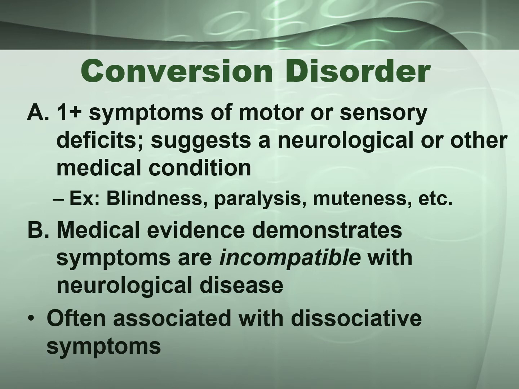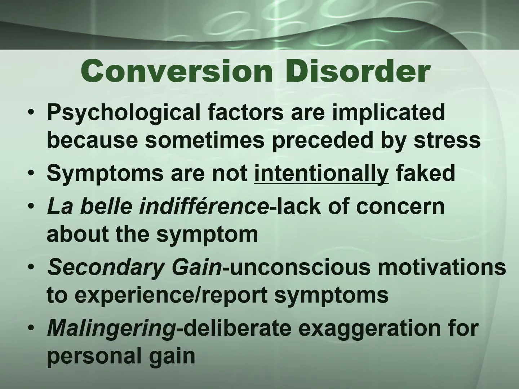Conversion disorder is often associated with dissociative symptoms, especially at the start of an attack, meaning someone may become dissociative and then move into having the conversion symptoms show up right at the beginning of something happening. Because the onset of the symptom is often associated with the onset of a stressor, we assume that there are psychological factors involved.